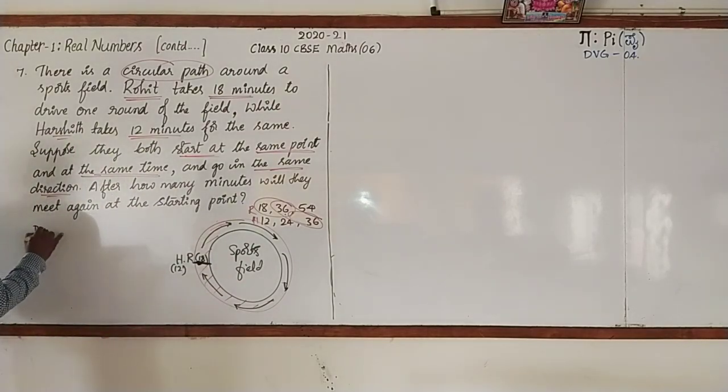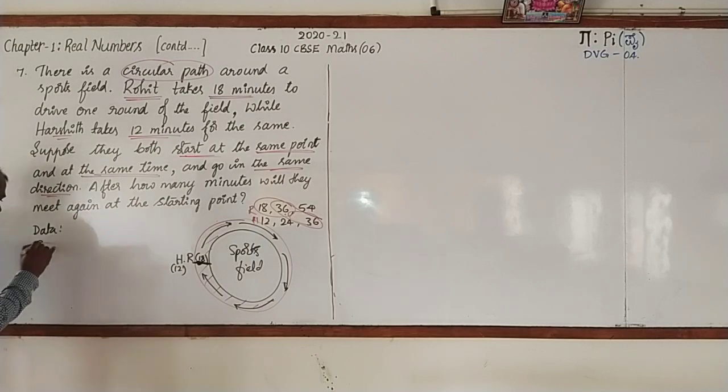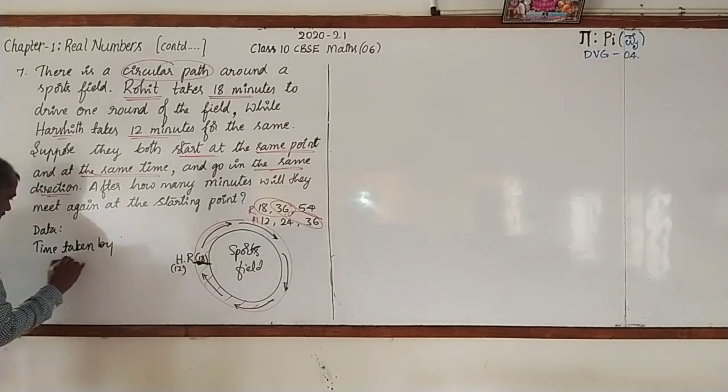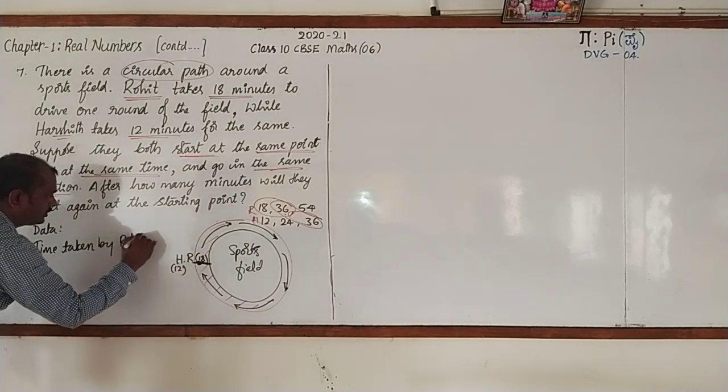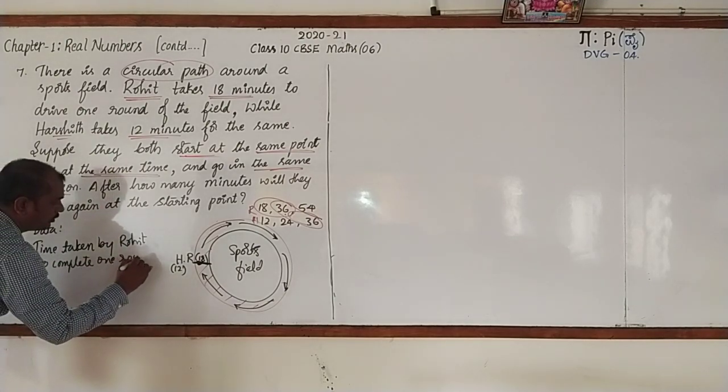Now let me write the data. First one is the time taken by Rohit to complete one round. How much?